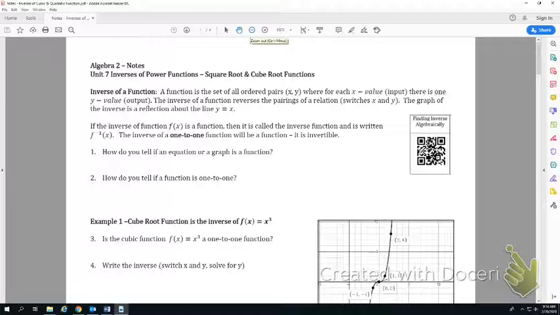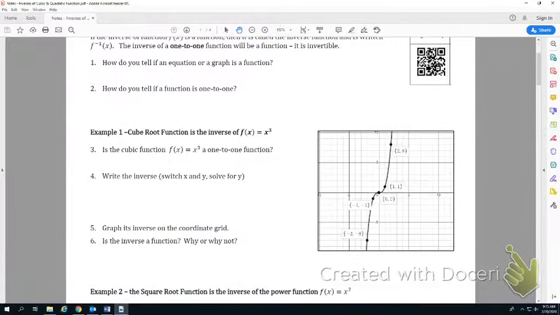It says the graph of the inverse is a reflection across the line y equals x. Don't put this line on this graph, but that's just here in a minute. Whenever we graph the inverse of that cubic, it will reflect across that line right there. Okay, so remember how that relationship is.